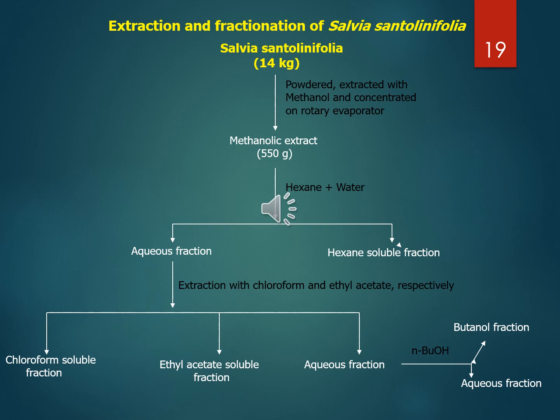Now we have to decide which fraction should be subjected to column chromatography on silica. So we choose here the chloroform soluble fraction for further column chromatography to separate the organic compounds.